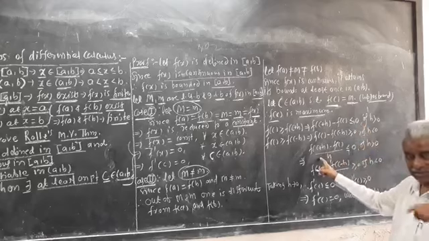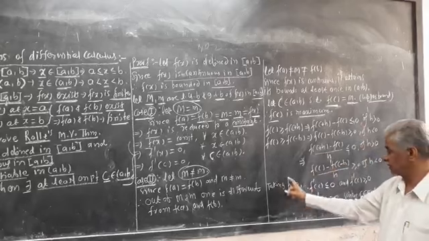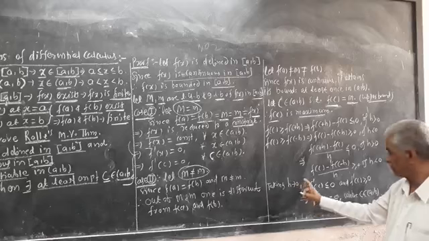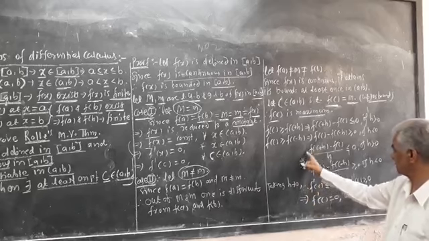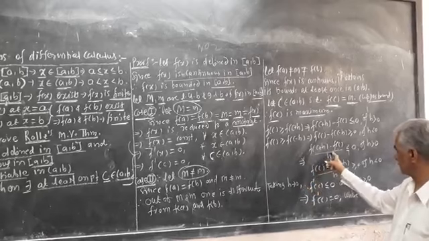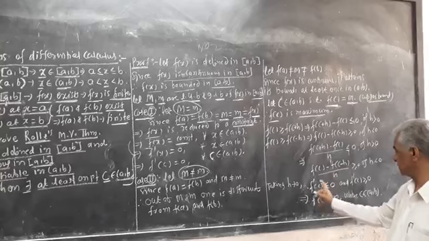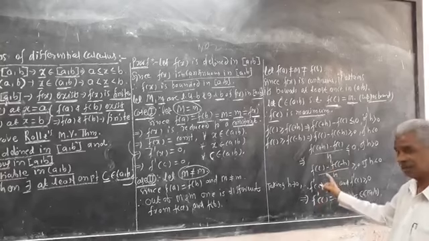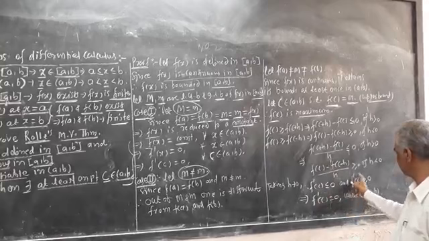According to the definition we have to take the limit as h tends to 0, which is nothing but f dash c, and this limit is also going to be f dash c.